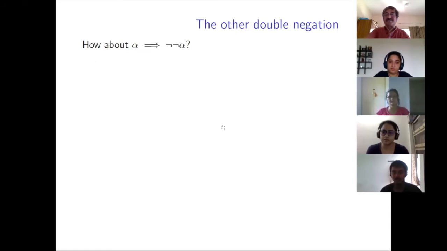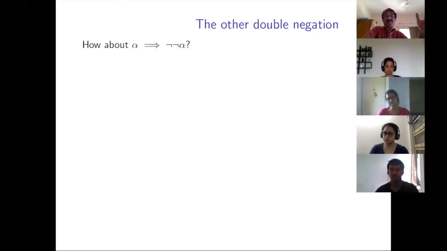What about this? The other double negation: alpha implies not not alpha. Please try. And notice that this is not as simple. Why? Because in the former one, axiom 3 suggested alpha, so alpha was in the right hand side of the implication, and that's what is there in the axiom.